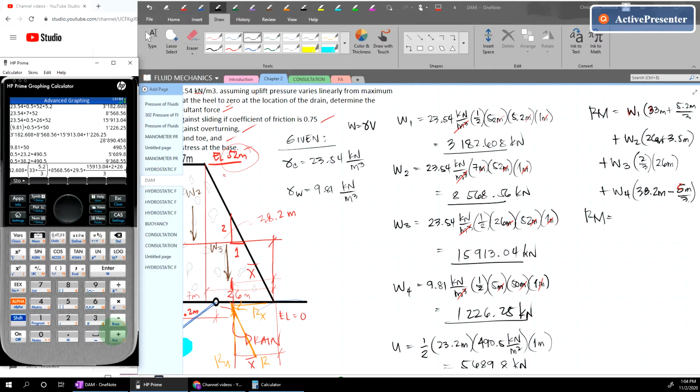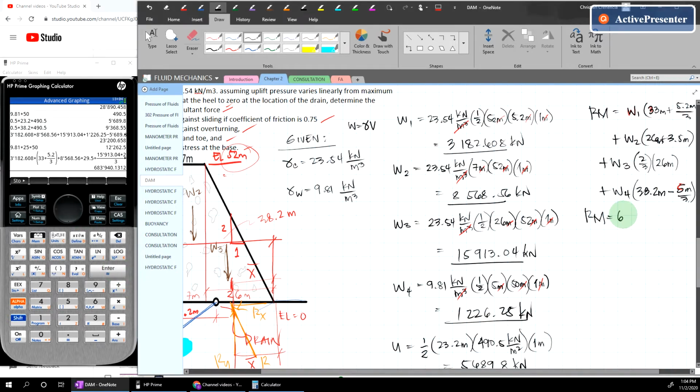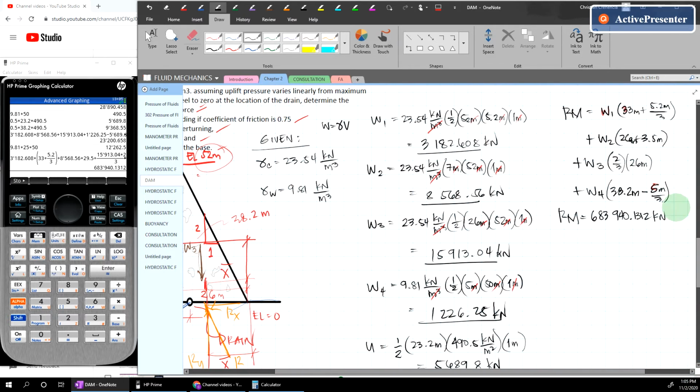Okay, then weight 4 natin 1226.25 multiplied by 38.2 minus ng 5 over 3. Okay, so we have 683,940.1312. So unit is kilonewton meter.